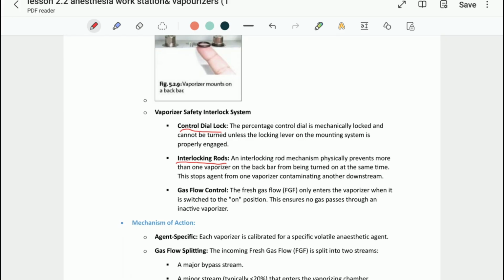This stops agent from one vaporizer contaminating another downstream. It also has gas flow control. The fresh gas flow only enters the vaporizer when it is switched to the on position. This ensures that no gas passes through an inactive vaporizer. So these three are the vaporizer safety interlock system.